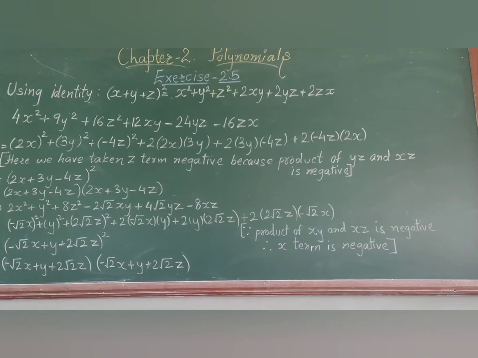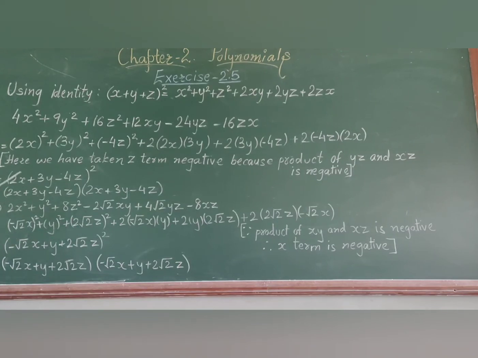So x is common, and our x term is negative. The square root of 2 we take, because 2 is not a square of any number, so we write (minus under root 2 x) whole square, plus y whole square, plus, again, 8 is not a perfect square, but we can write it as 4 into 2, so we take (2 under root 2 z) whole square.